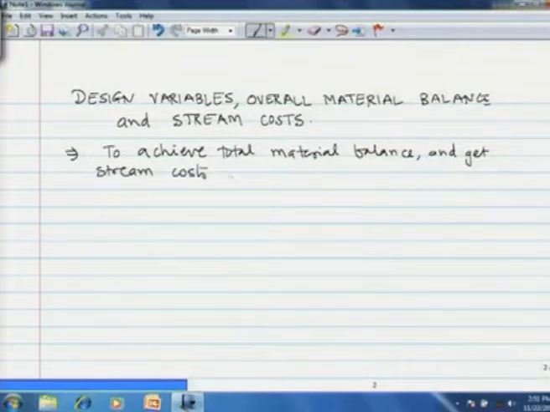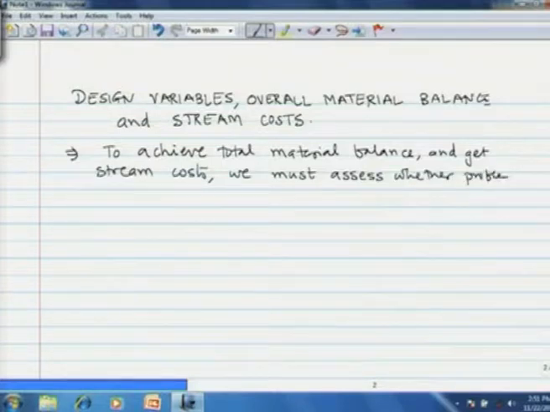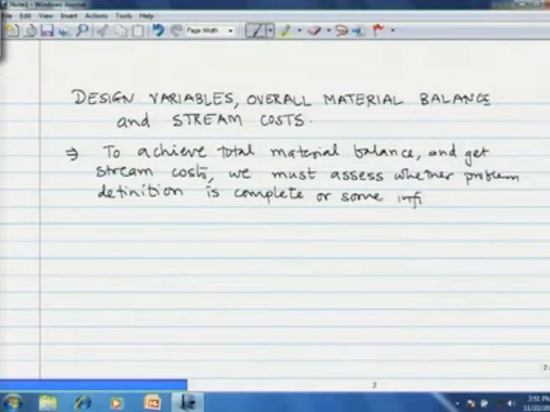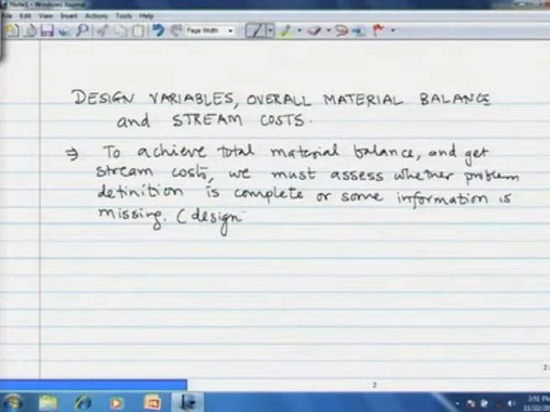We must assess whether problem definition is complete or some information is missing. This information could be in terms of design variables that we will now just see, and these variables add degrees of freedom to the process design.